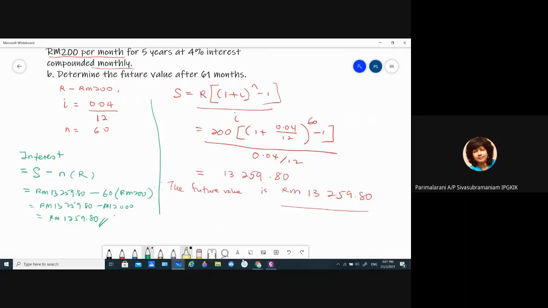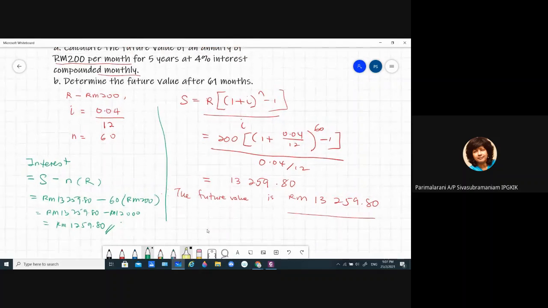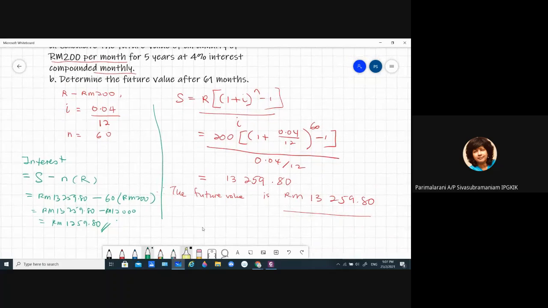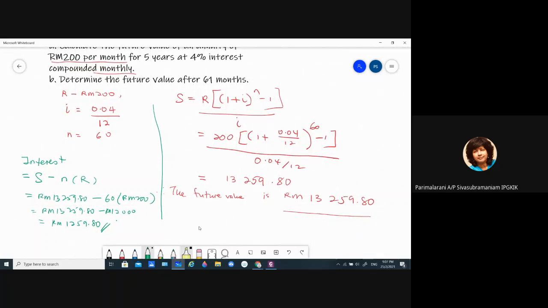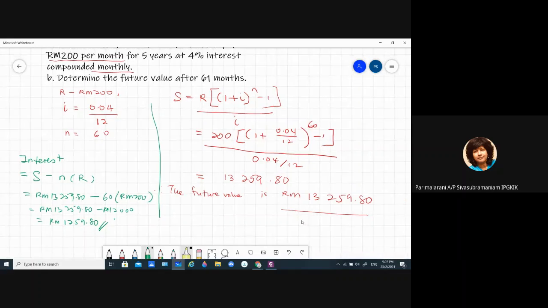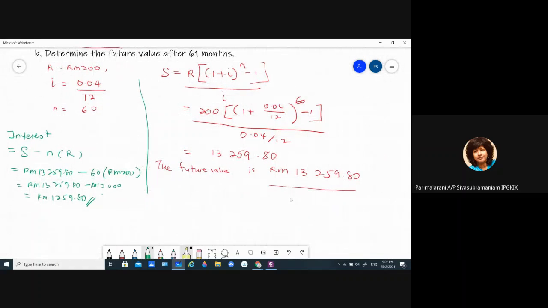Okay, part B. Determine the future value after 61 months. After 60 months, you got 13,259 ringgit and 80 cents. Now, determine the future value after 61 months. How much will that be?